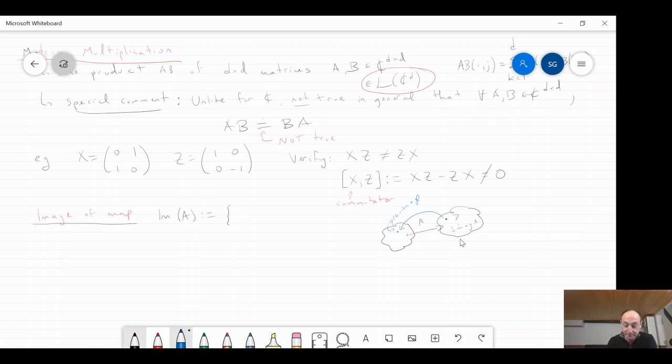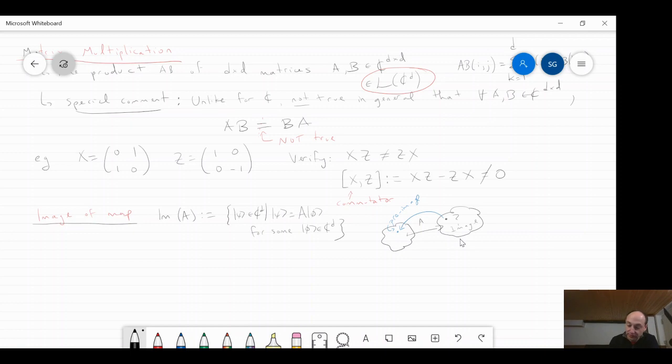Okay. So let me just write down a formal definition. It's a set of all vectors psi in C^D such that psi equals A times phi for some phi in C^D.